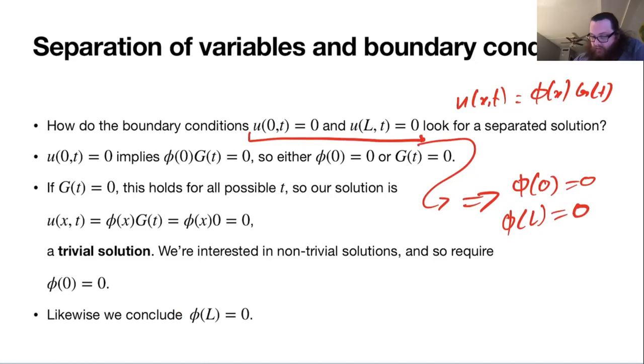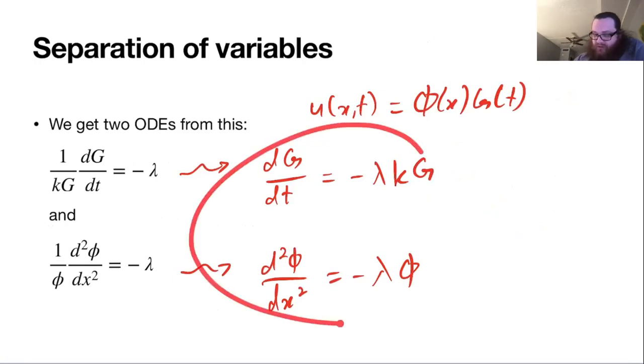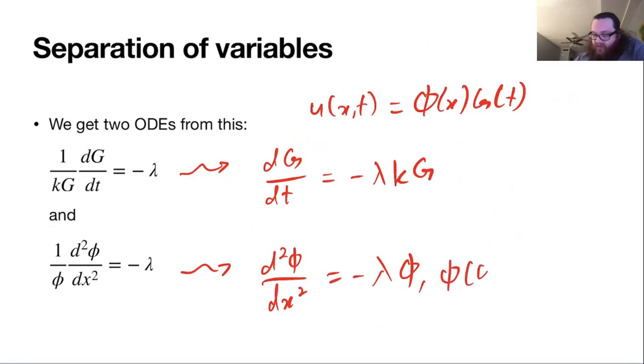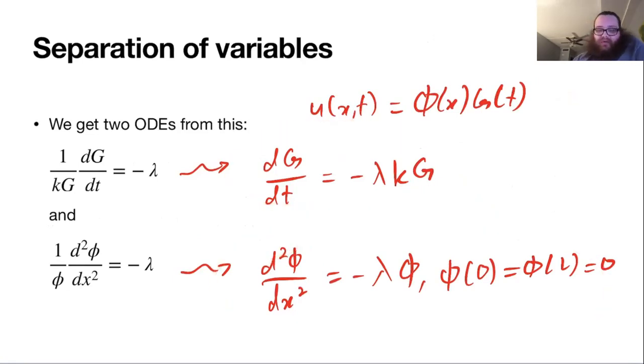So great. So what we've done is we said, well, if we have a separated solution, we have these two ODEs. For the second ODE, we also have phi of 0 is phi of L, which is equal to 0. Okay. And so now what we're going to do is draw on our experience from solving ODEs and actually solve each of these kinds of equations.